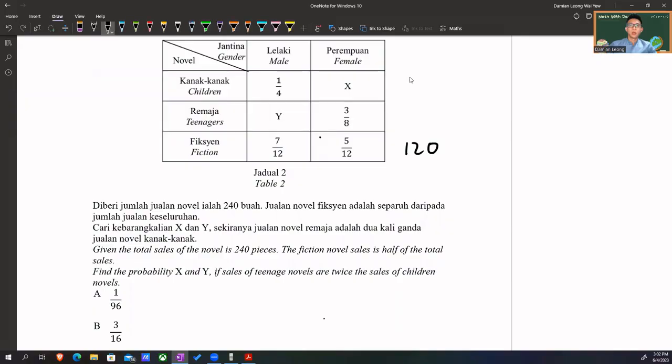Then, if sales of teenage novels are twice the sales of children novels, I split the 120 between these two. This is double of this, so here should be 80, here should be 40.